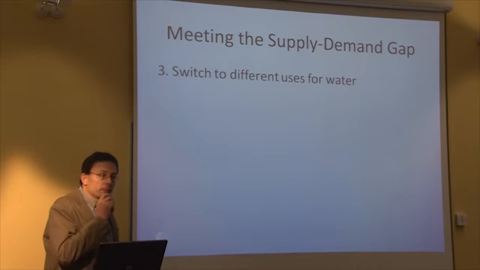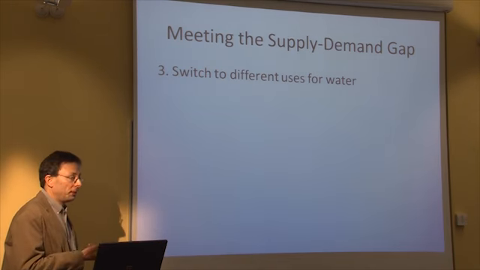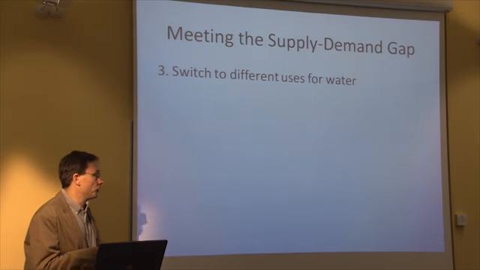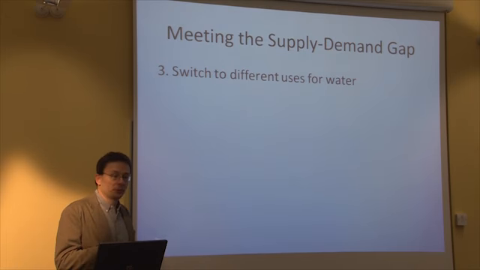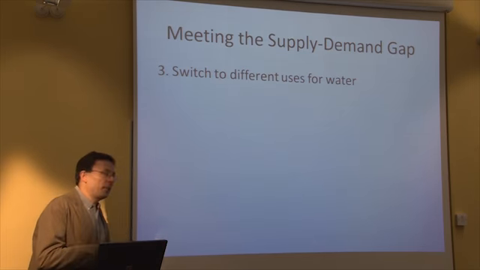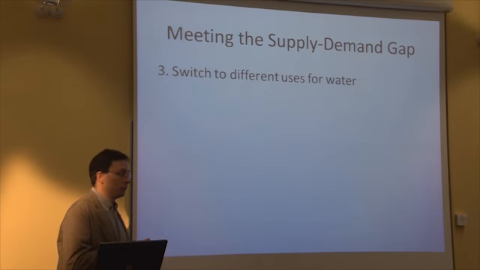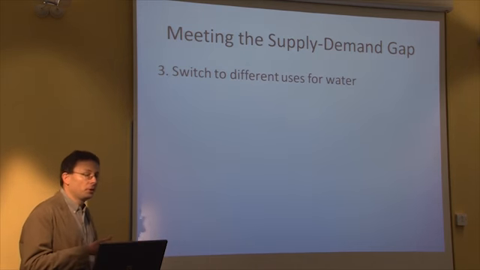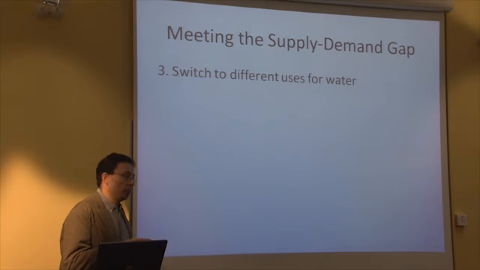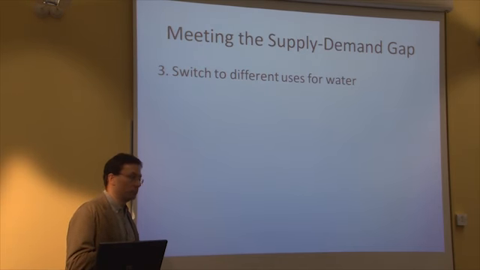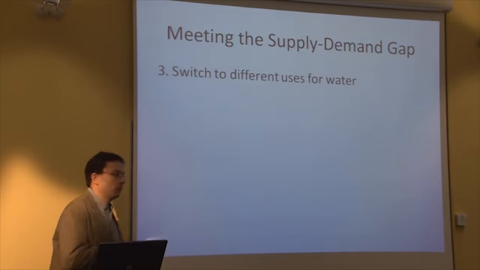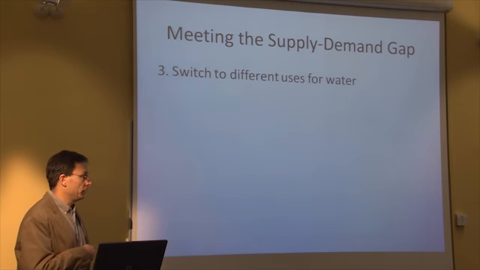Perhaps the more radical solution to meeting this supply-demand gap is actually to change the way that water is used. So it's a little bit analogous to the situation we have with fossil fuel emissions. The solution to the fossil fuel energy issue is to switch to different fuel sources. So we switch from fossil fuels to renewable energy.